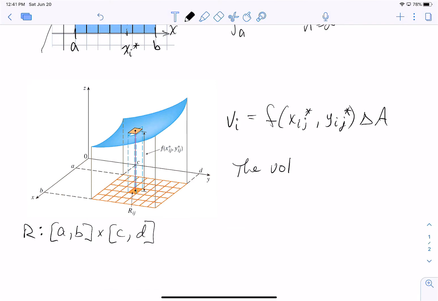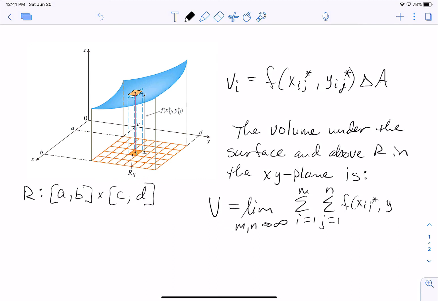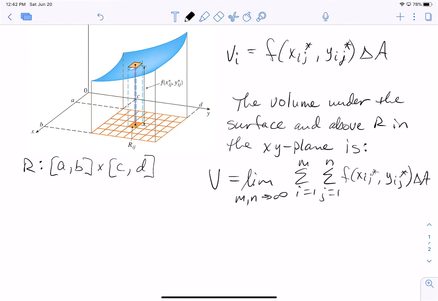The volume under the surface and above R in the xy plane is V, equal to the limit as m and n both go to infinity of the sum as i goes from 1 to m of the sum as j goes from 1 to n of f of x sub ij star, y sub ij star, times delta A. This is expressed as a double integral.